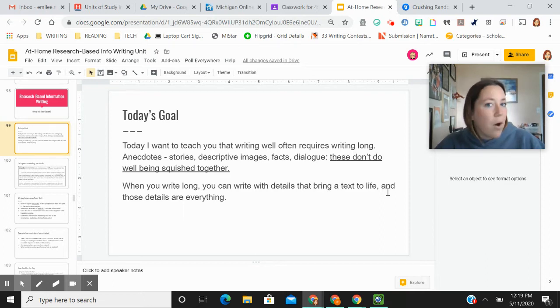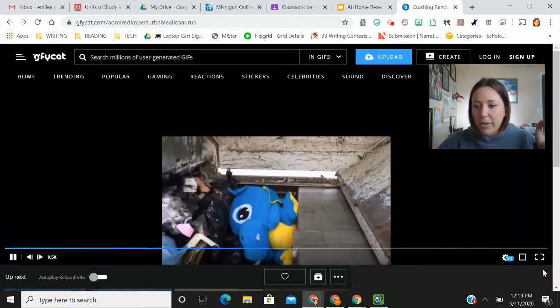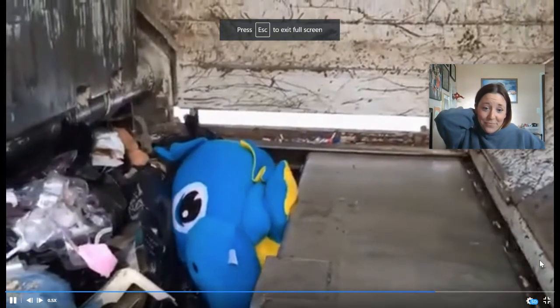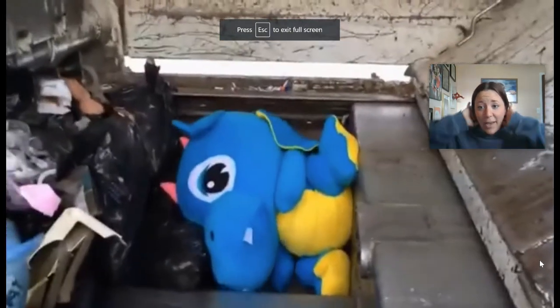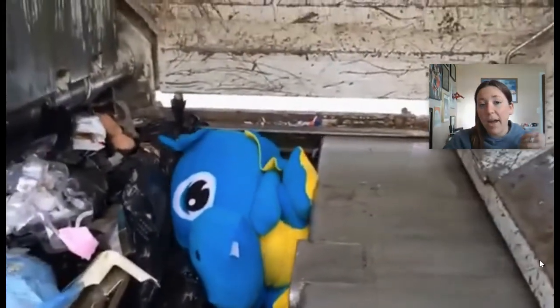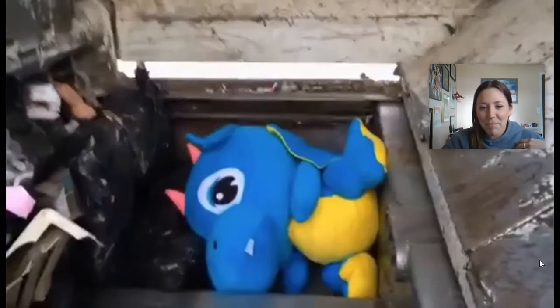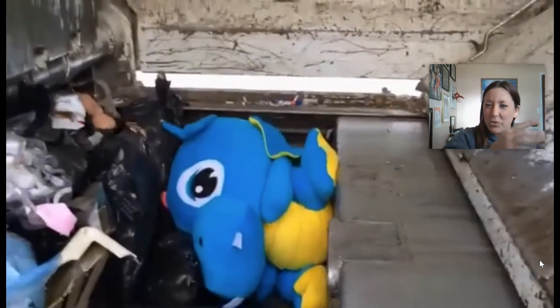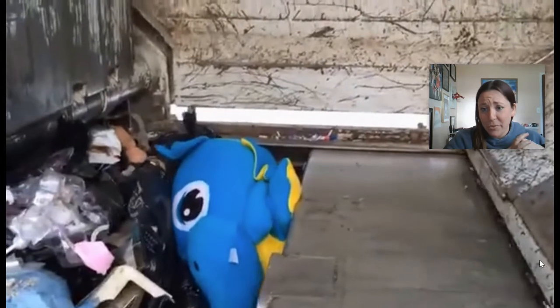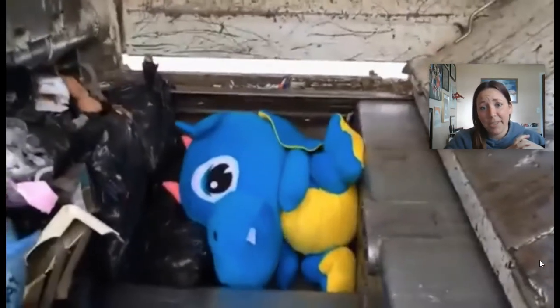But you don't want all of your facts and all of your information to be squished together, because then it can kind of look like this. Your text that you worked so hard, not only to find that research, but then you put it all together, feels squished like that big blue stuffed animal in a trash compactor.